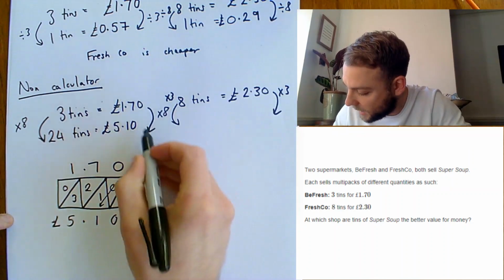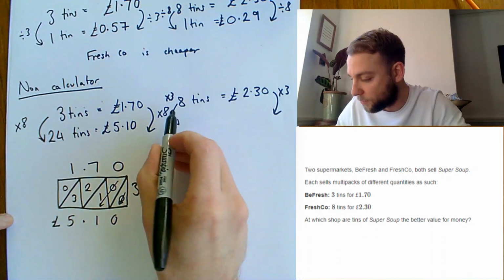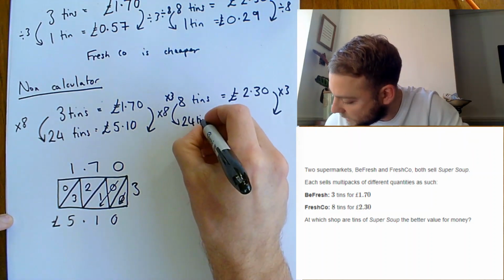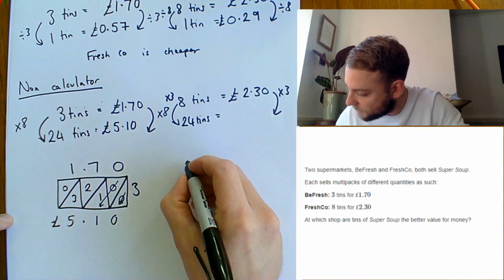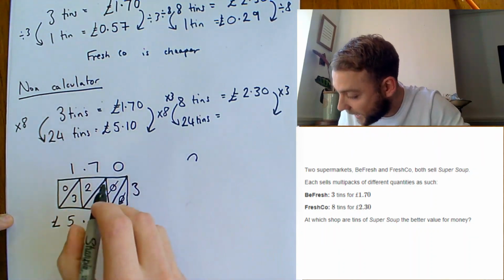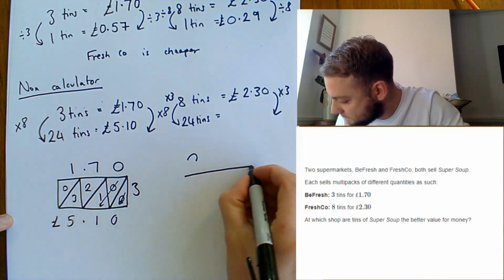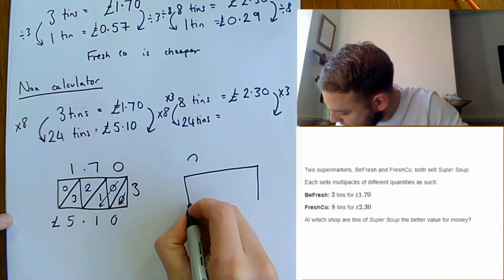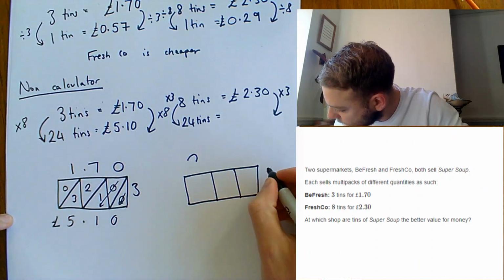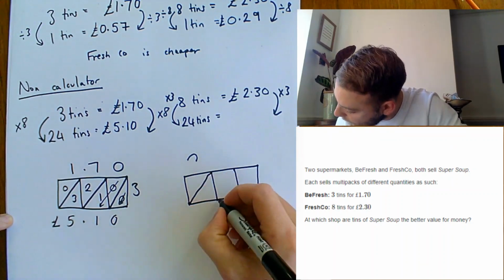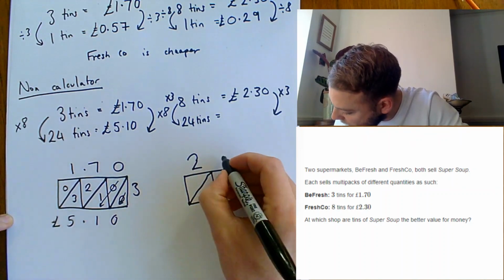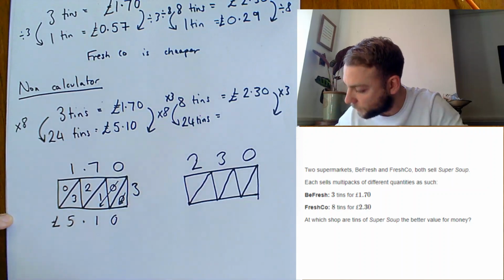So with this one here, I'm timesing both sides by 3. So 3 times by 8 is equal to 24 tins. So I've got to times this £2.30 by 8. Again, it's going to be 3 by 1. Bottom left, top right, bottom left, top right, bottom left, top right. £2.30, ignoring the decimal place at first.